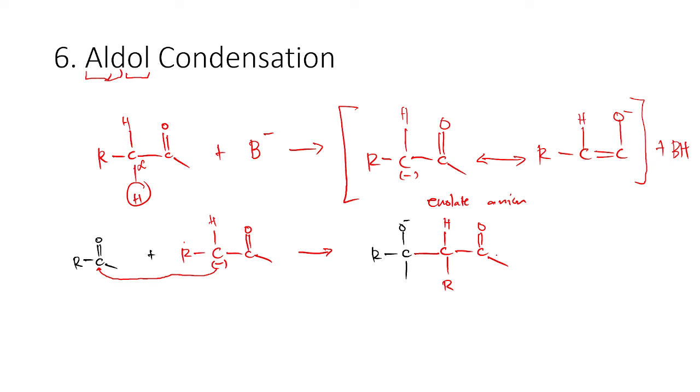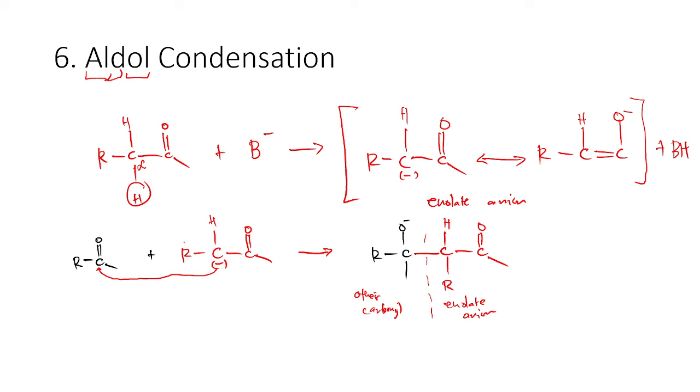As you can see, this side in black comes from our other carbonyl compound, and this other side is our enolate ion. So, what can happen next here?